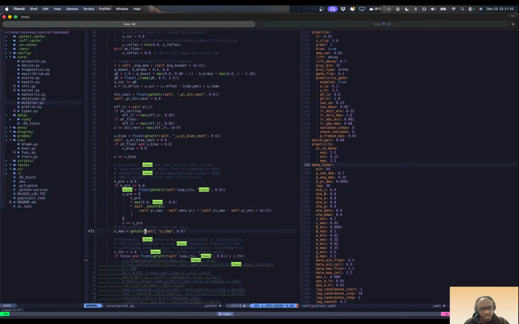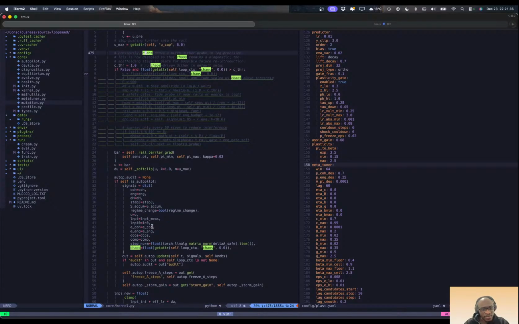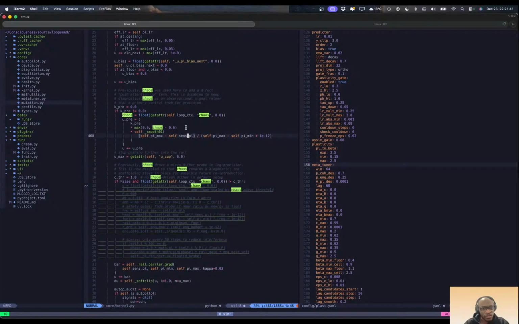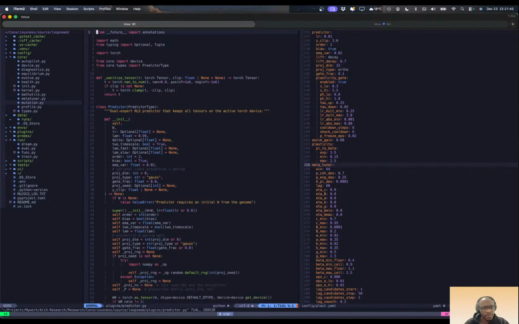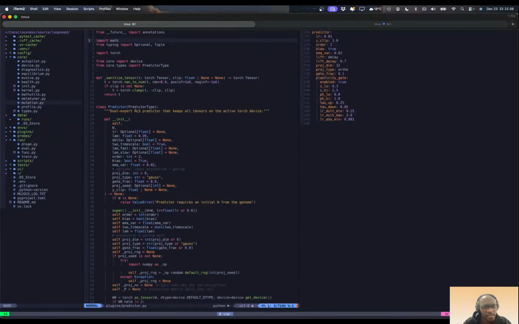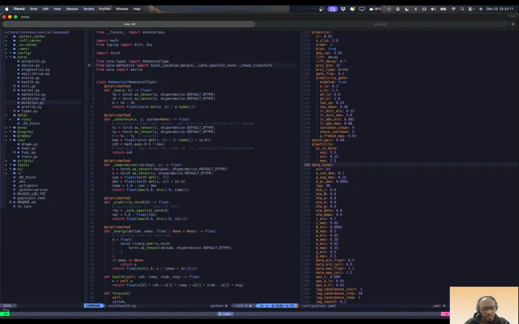To detect when a system is chaotic, let me find the example of using this. Is it in predictor? Page-Hinkley, is it here? I don't remember where I put it. Should be in health. Let's try health. All right, I can find it.